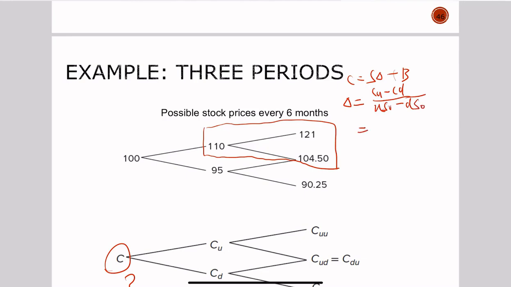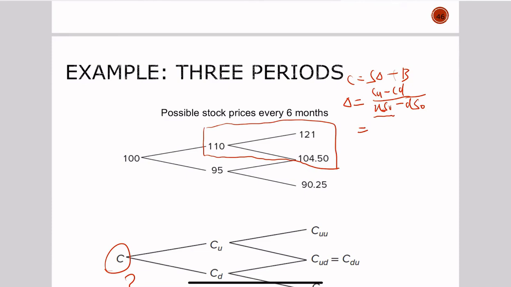I know the notation here looks quite confusing, but what is Cu? It's really the call payoff if stock price increases. And what is US0? It's really the price of the stock if its price increases.